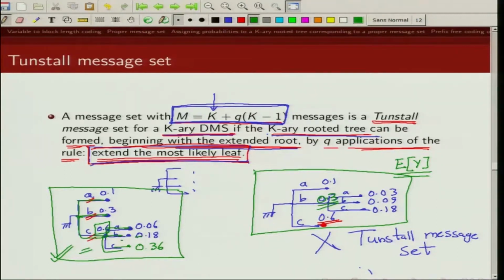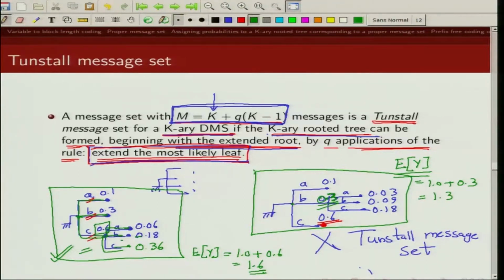In this case I extended a leaf which has 0.3 probability. Now compute the expected value of Y here. In this case it will be 1 plus 0.6, so it is 1.6. What is the expected value of Y here? The root has probability 1 and this node which has been just extended has probability 0.3. So this expected value of Y is 1.3, whereas here it is 1.6.